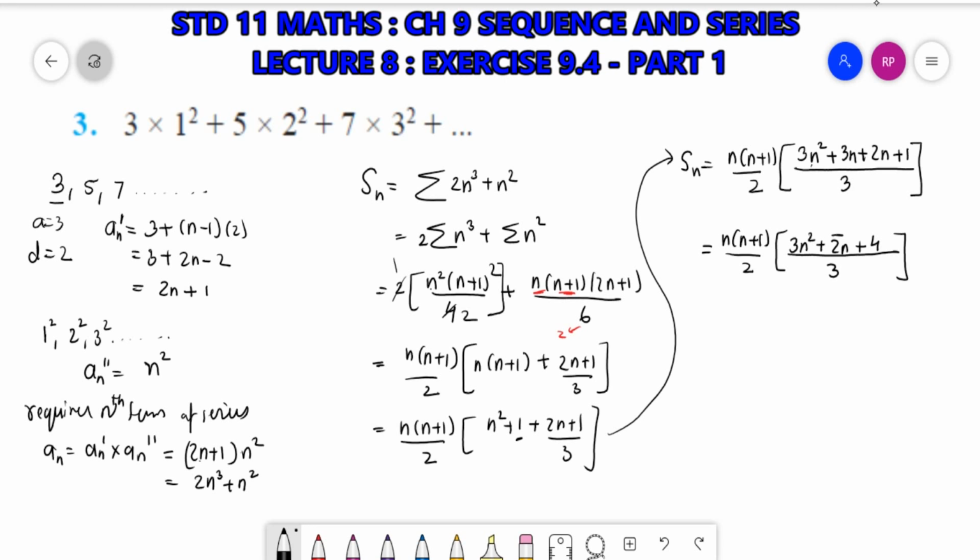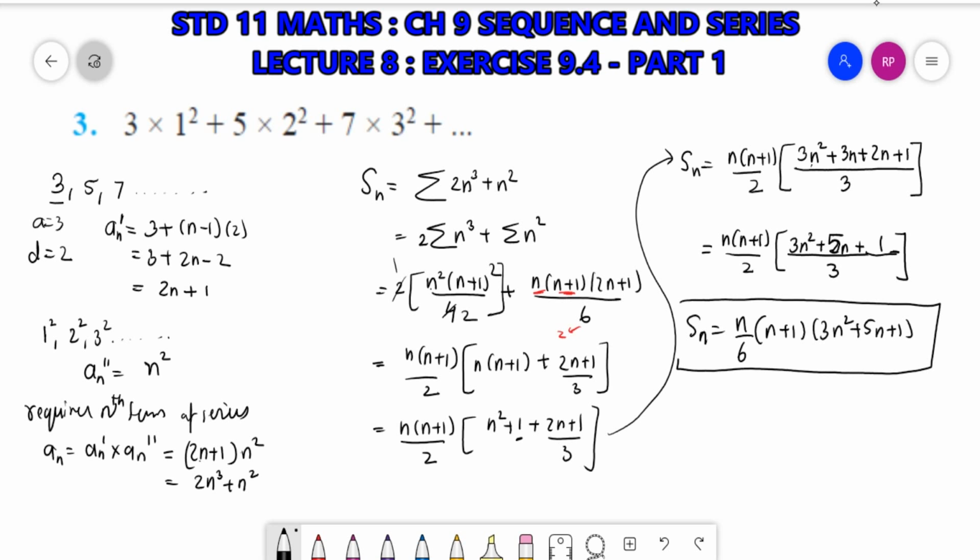So this will be equal to 3n square plus 5n plus 1. So final answer Sn, 3 into 2 is 6, so n by 6 into n plus 1 into 3n square plus 5n plus 1. This is the answer. Okay, so this was about question number 3.